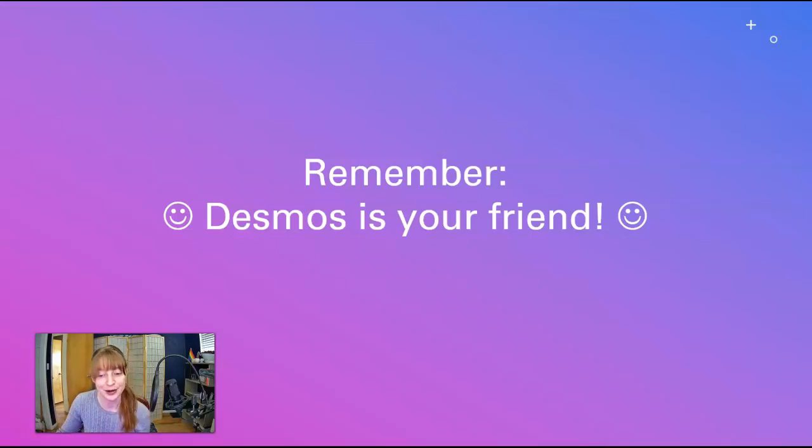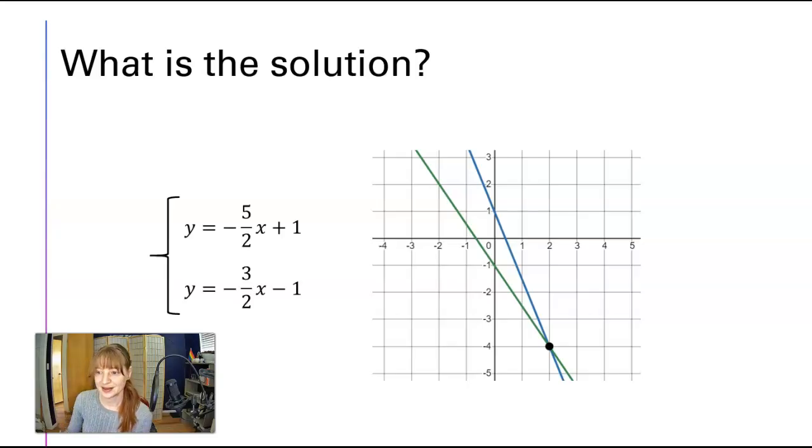You can also just go out to Desmos. And you can just Google Desmos if you don't have the link, or I can put it in the video description. So if we're given this system of equations and asked what is the solution, we can just go over to Desmos, open that up, type in these equations, and this is the picture that we get.